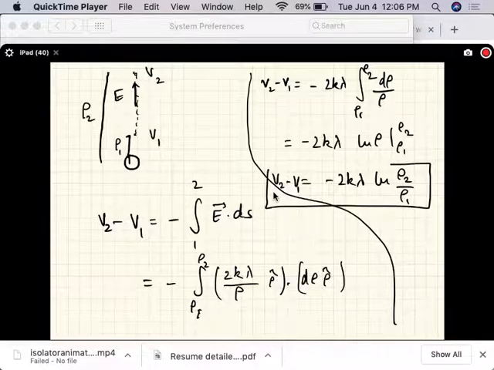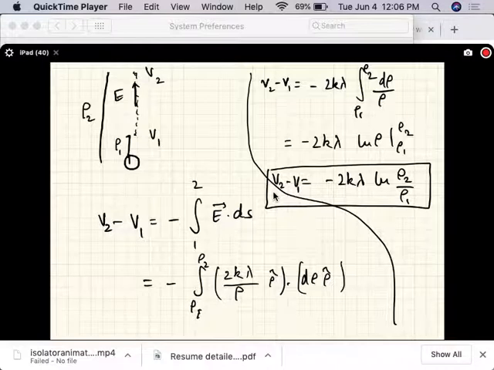So there is the potential difference between those 2 points. As already mentioned, V1 is at a higher potential, V2 is at a lower potential, so V2 minus V1 should be negative. There's the negative sign. All these guys are positive, and this guy is positive too, since rho 2 is bigger than rho 1. So you see V2 is less than V1.